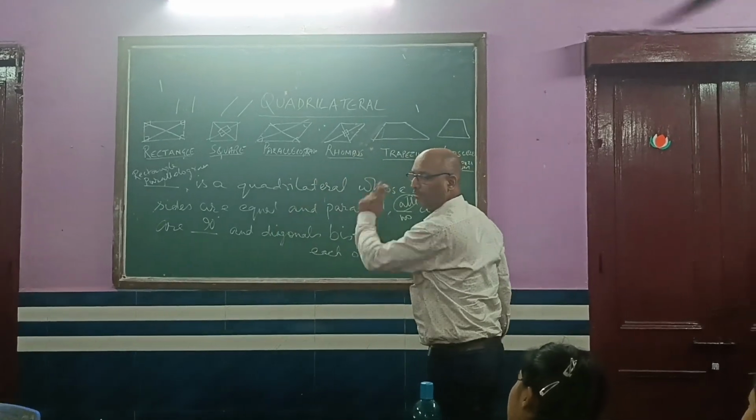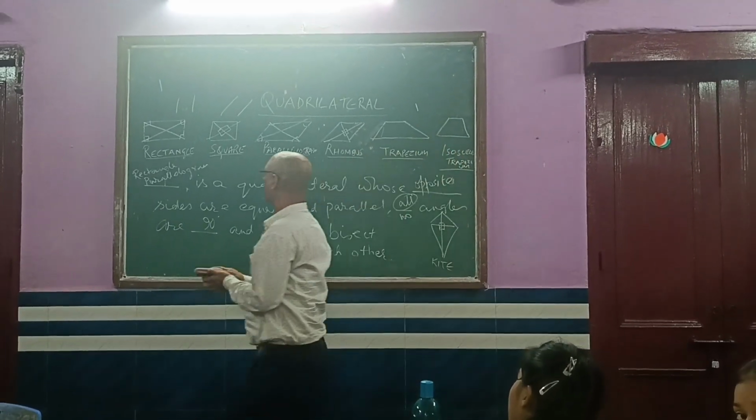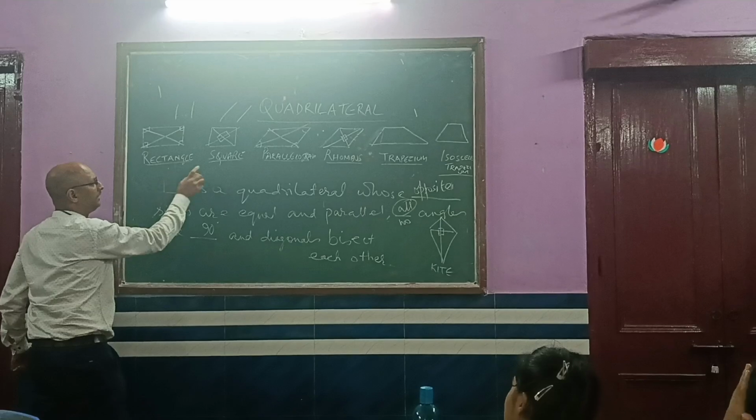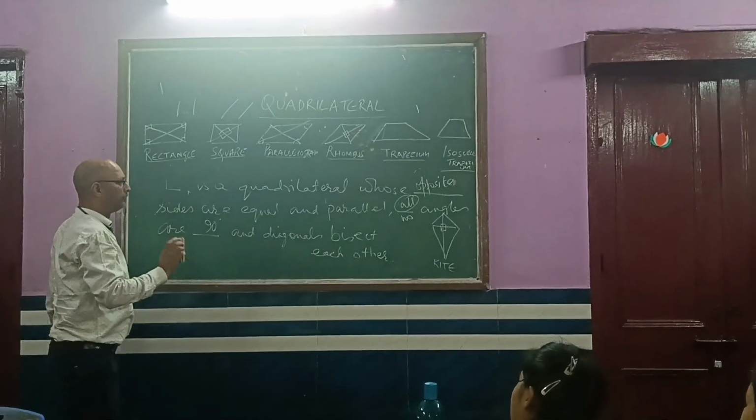Now coming to square and rhombus. Okay? These four things I will make you understand today.